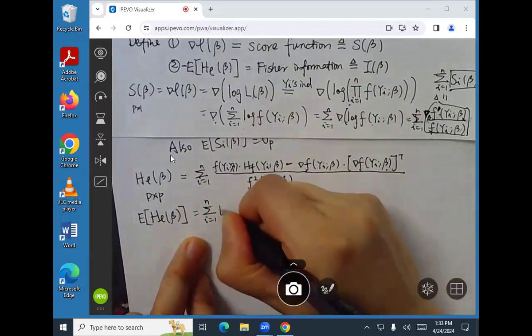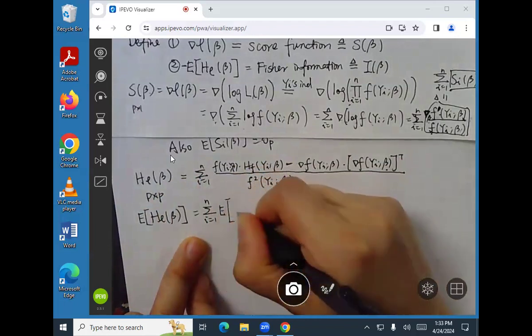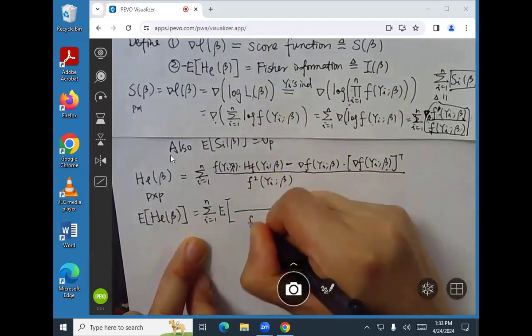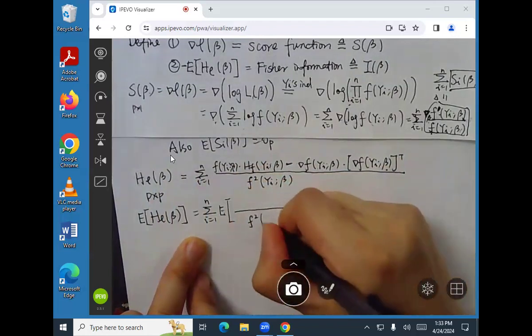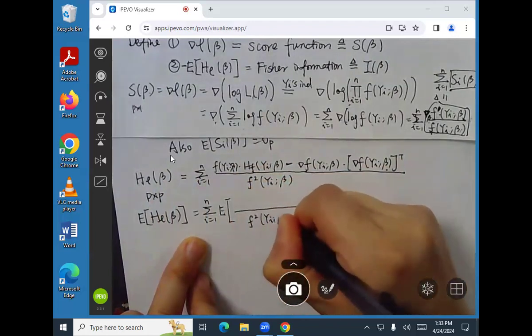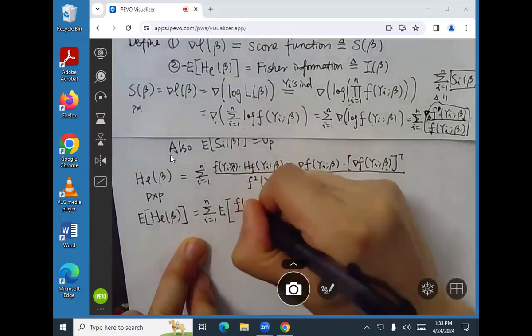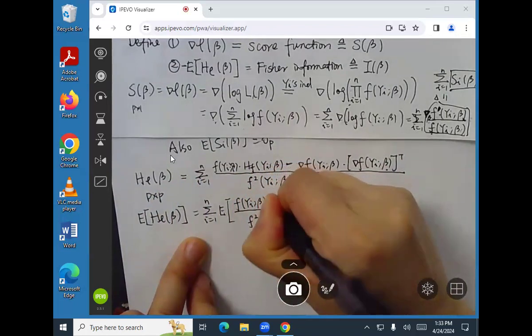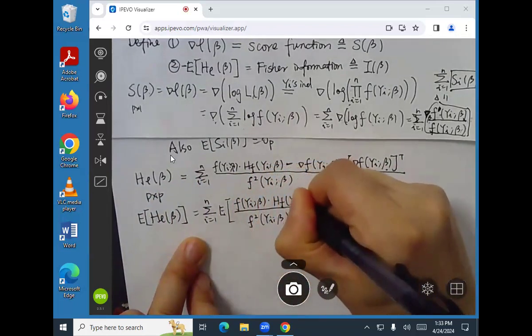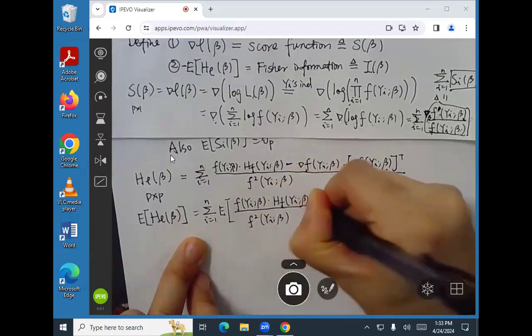I can put the expectation inside: the expectation of the first term, one over f squared of yi, beta, times f of yi, beta, times the Hessian of f of yi, beta.